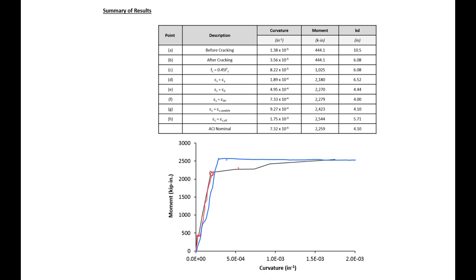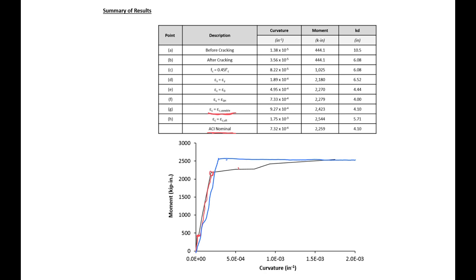The other thing I want to highlight is how our ACI nominal estimate lines up with our more exact calculations. So the first comparison to make would be the ACI nominal against the value when we have the epsilon C usable, as this is probably the most direct comparison.